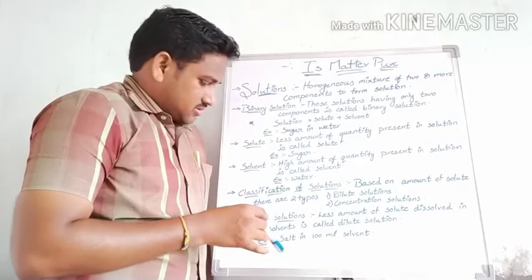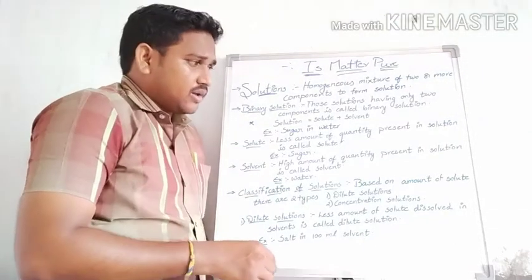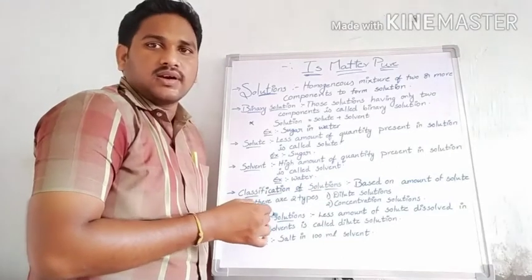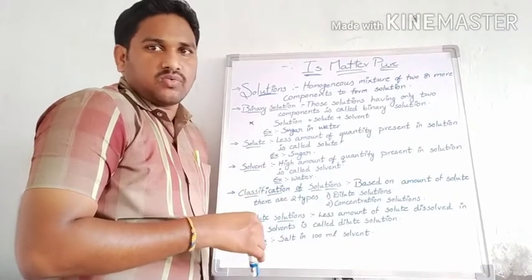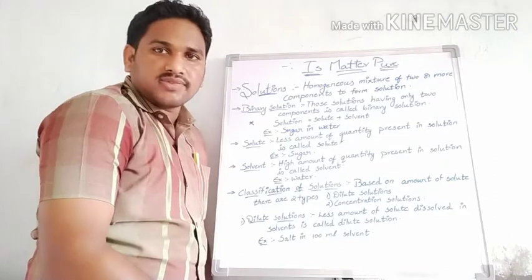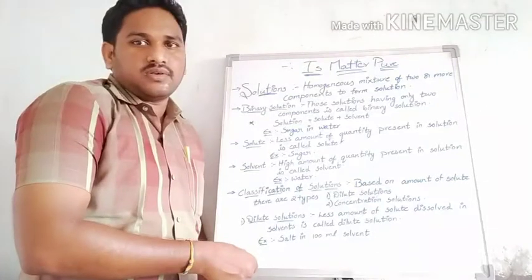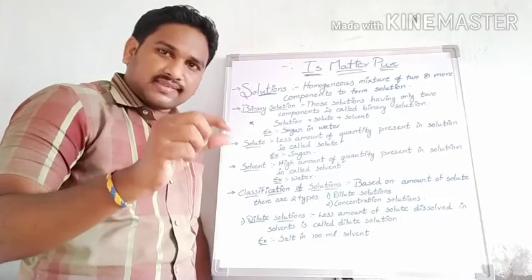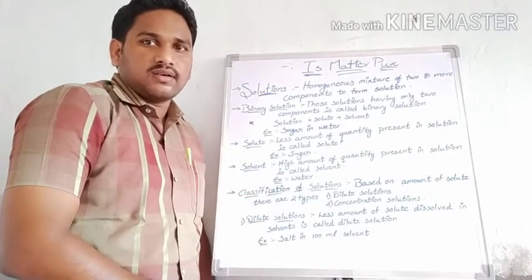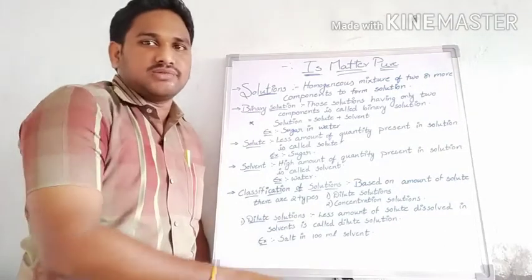Okay. Students, next one is the classification of solutions. Based on amount of solute, there are two types. One is dilute solutions, another one is concentrated solutions. Dilute means the less amount of solute is dissolved in a fixed amount of solvent. That is a very tasteless solution.